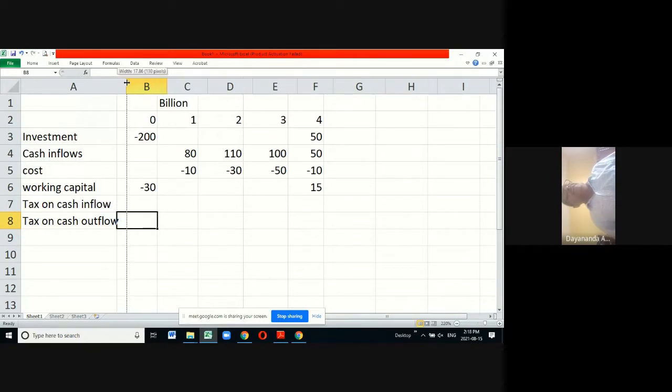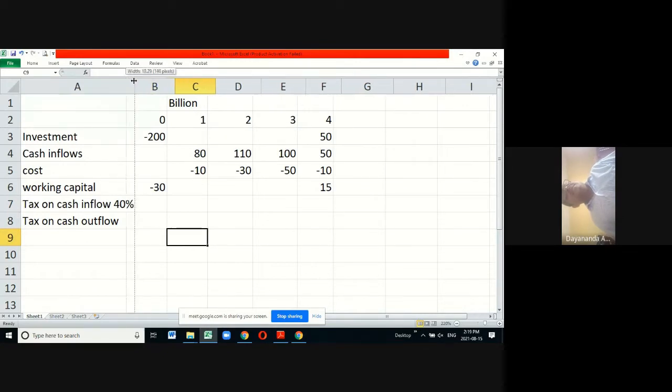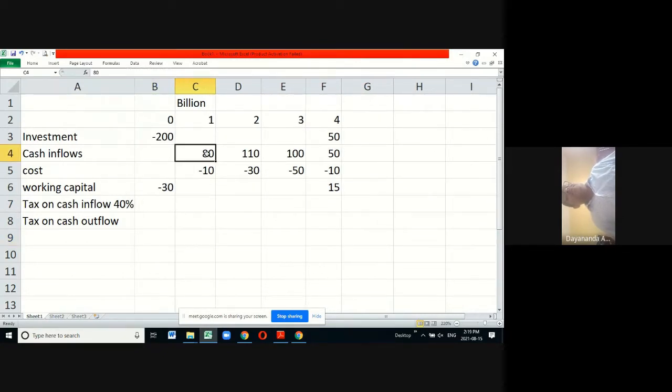So we have to find out the tax rate. Assume the tax rate is 40%. If the tax rate is 40%, we are just calculating 40% of this. So 40% of this means the 80 multiplied by 40%, which is minus.